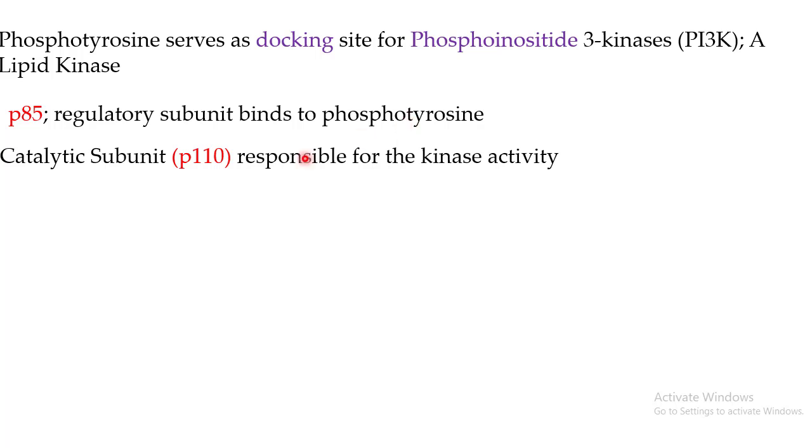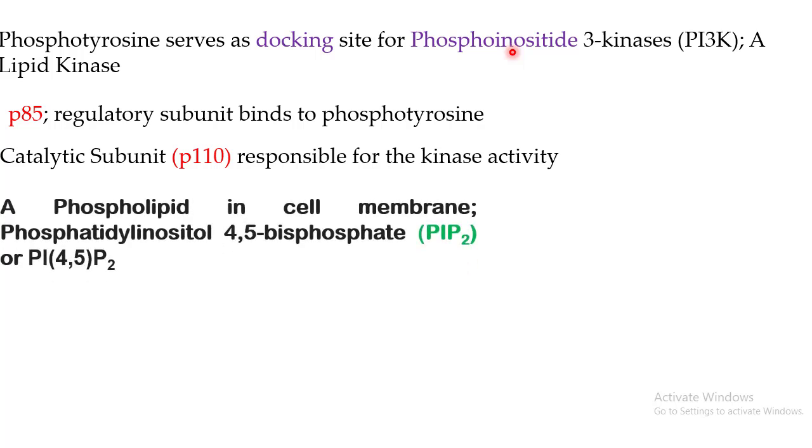Then you have P110, which is the catalytic subunit, responsible for the kinase activity. So the IRS, utilizing its phosphotyrosines, interacts with the regulatory subunit P85 of the PI3K, and that interaction leads to the activation of the catalytic subunit P110, which is responsible for the kinase activity of the PI3K.